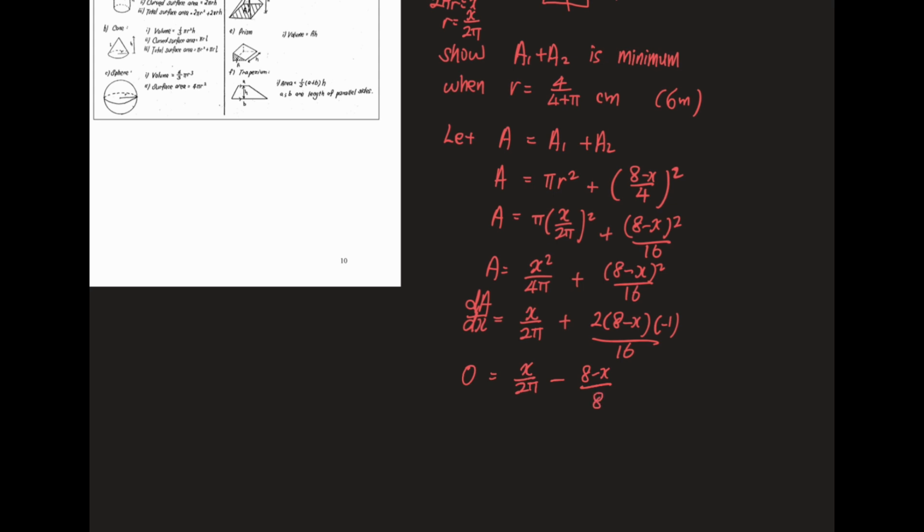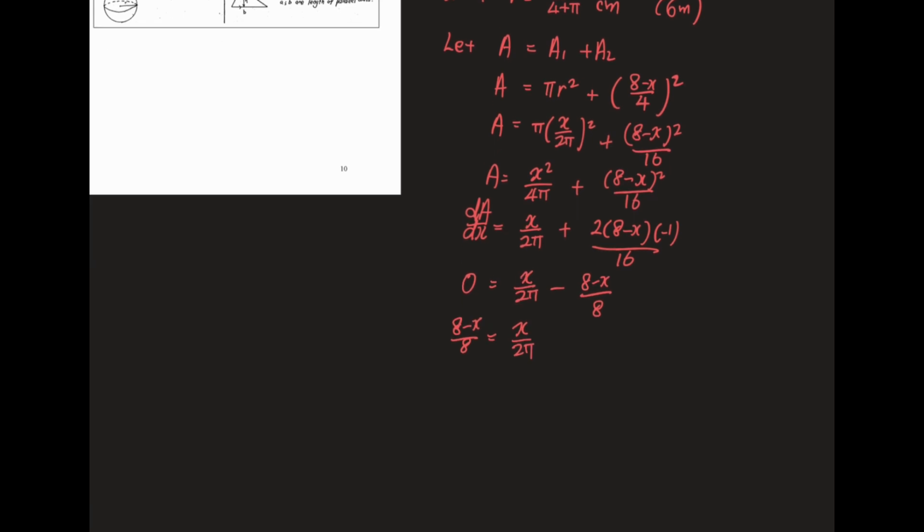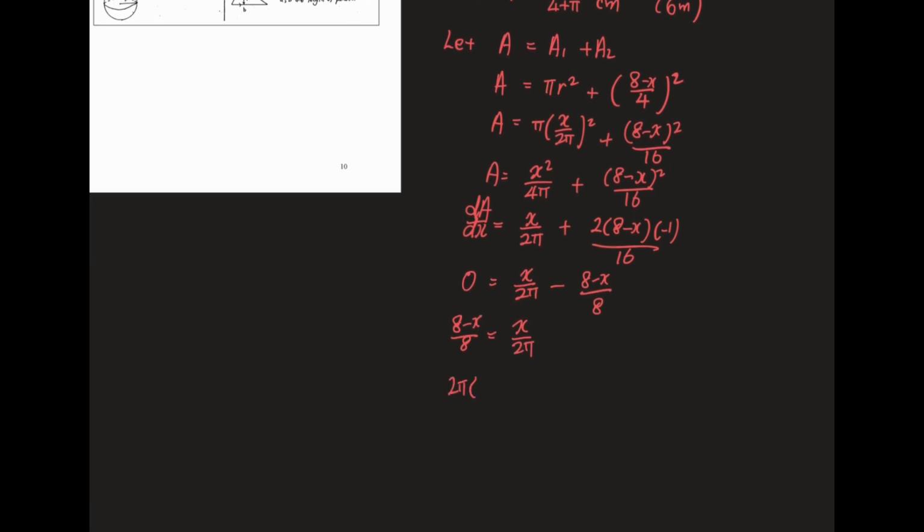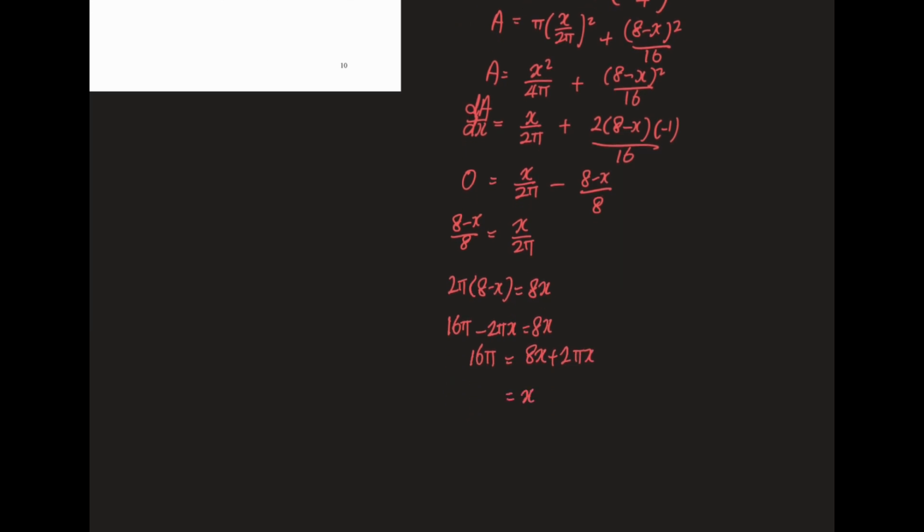Okay, so we can solve this equation and find x. So I gather up the x term, factorize the x, then I get x equal to 16 pi over 8 plus 2 pi.